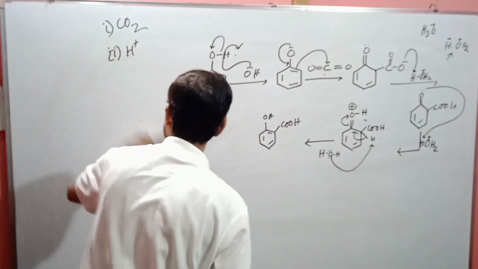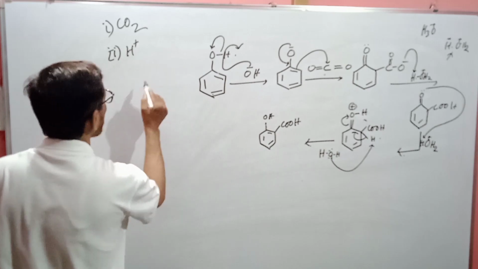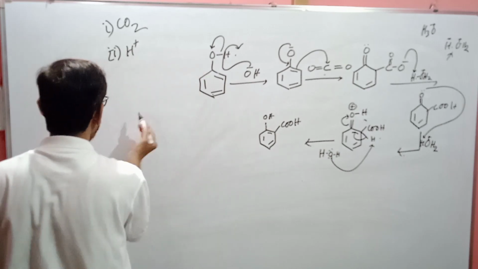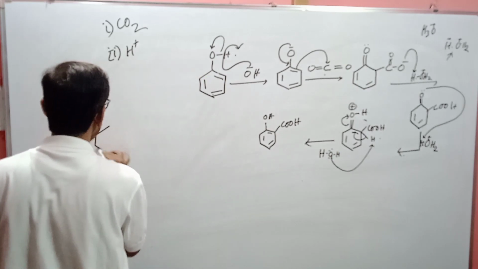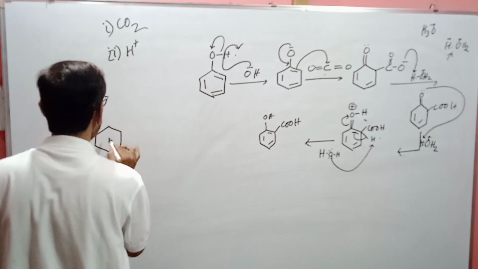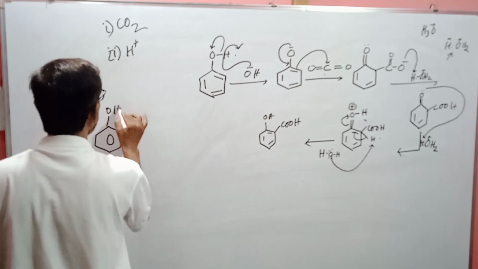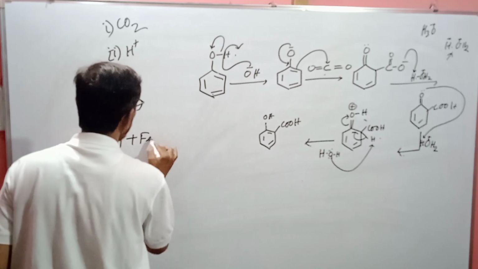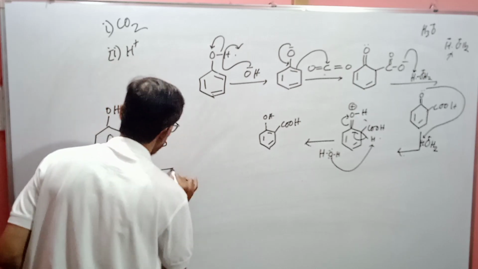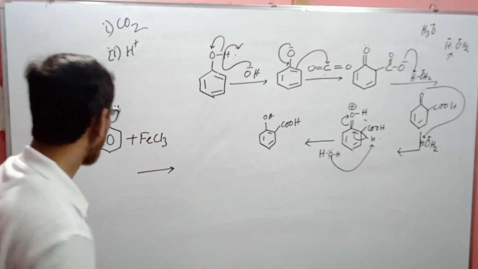One reaction I have forgotten, very important. I have just erased the name. I don't know the serial of the reaction. It very often comes in entrance exams. This is phenol, and the reagent given is FeCl3. Most of you cannot answer this one.